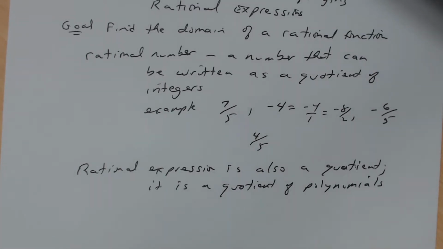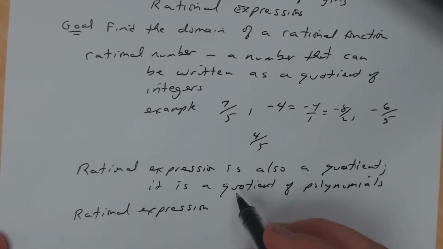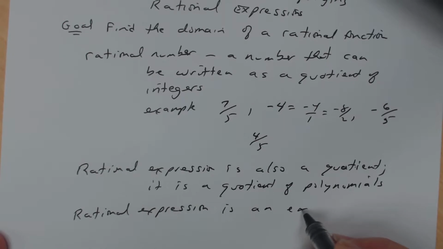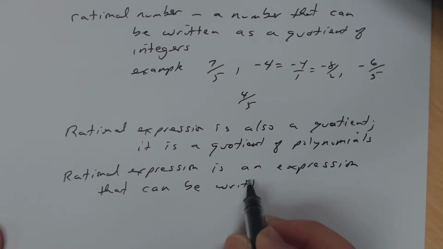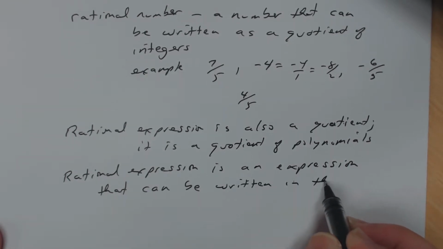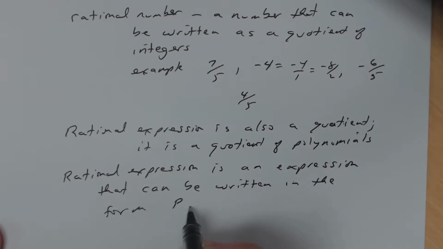The expressions that you had in the previous chapter are all polynomials. But by definition, a rational expression is an expression that can be written in the form P divided by Q, where P and Q are polynomials.